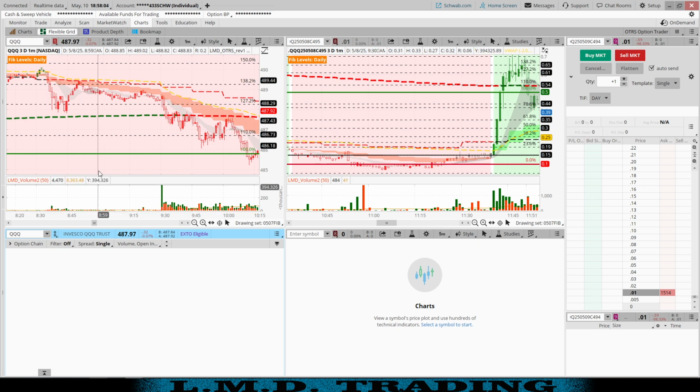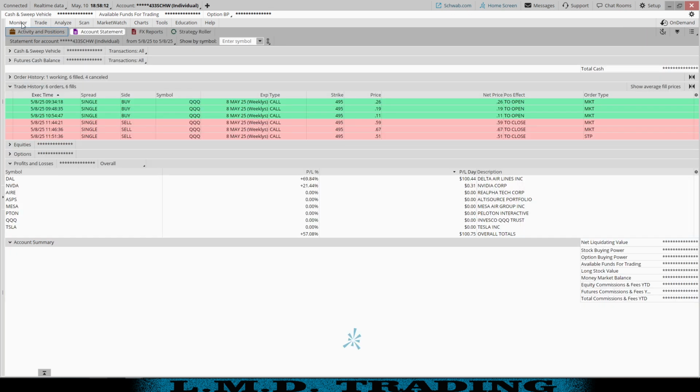But what I do want to do, because the chart no longer has my entries and my exits, is go to monitor, and these were the contracts that I was trading. This was the prices I was buying them at. This is the prices that I was selling them at.